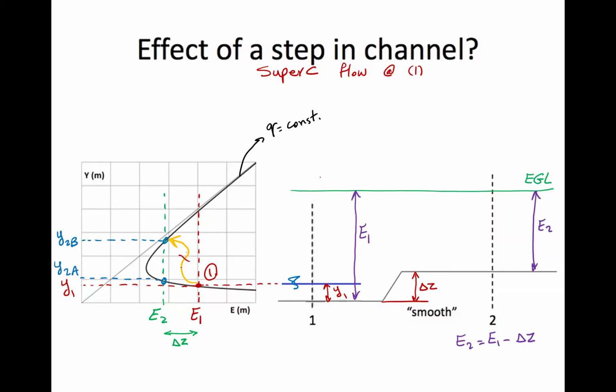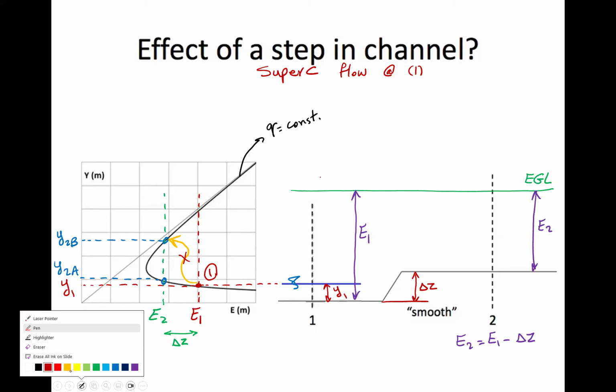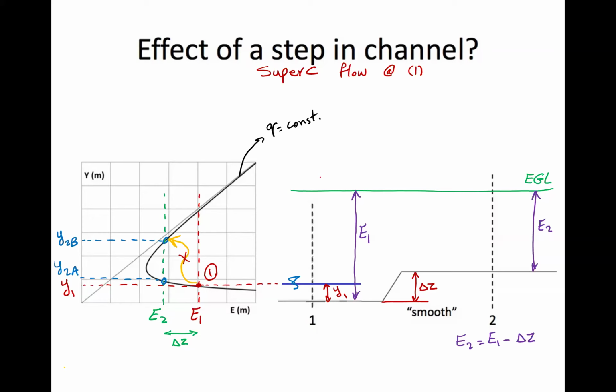It's not possible. Okay, what is the other path? The other path is stick to the EY graph and just follow along and go to 2B. So let's do that. If you do that, we're going to do something like this. Go along and get to 2B. Now, a couple of things happen here. We see that we obviously pass through 2A. Okay, let's keep that aside for now. And then we pass through the critical point, which is right here. So that's the critical point.